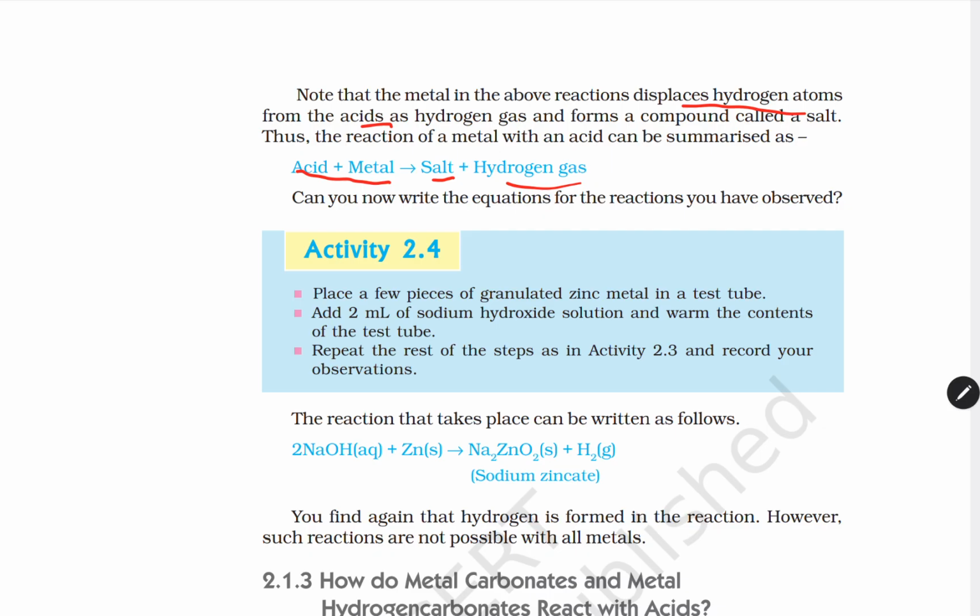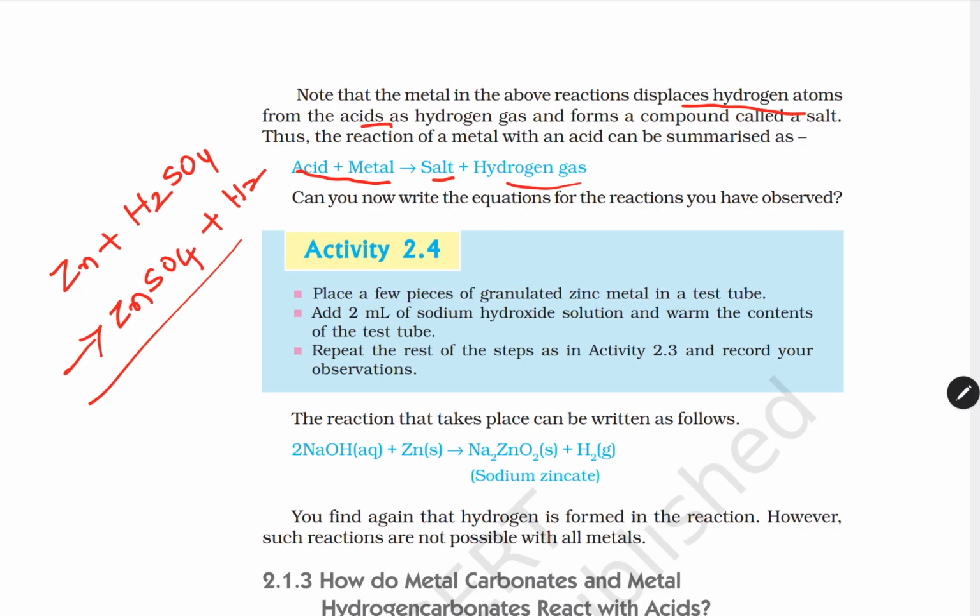Similar activities you can observe with other types of acids also. In this condition, Zn, zinc granules, react with H2SO4 solution to generate zinc sulfate, ZnSO4, and hydrogen gas will be released. This is the reaction that is taking place in the above activity.